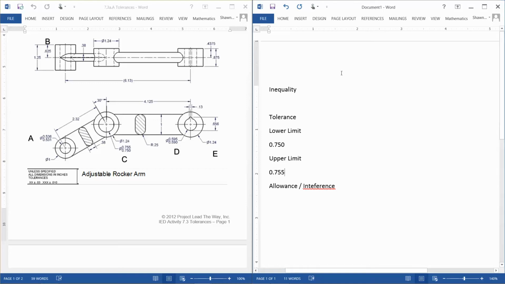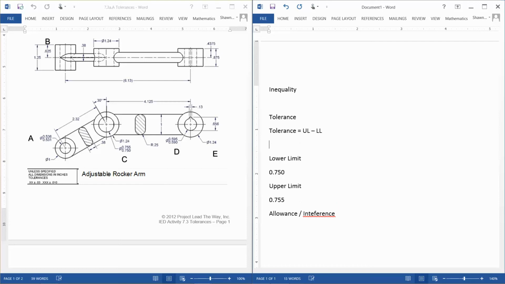Now, a couple things become real easy to do. I would always start with the lower limit and upper limit when we start doing these problems. To do the rest of it, the tolerance is equal to the upper limit minus the lower limit.